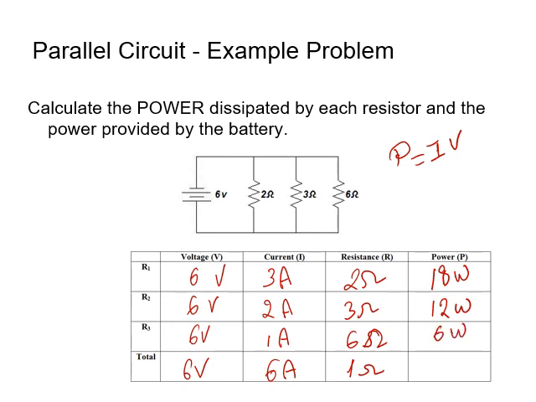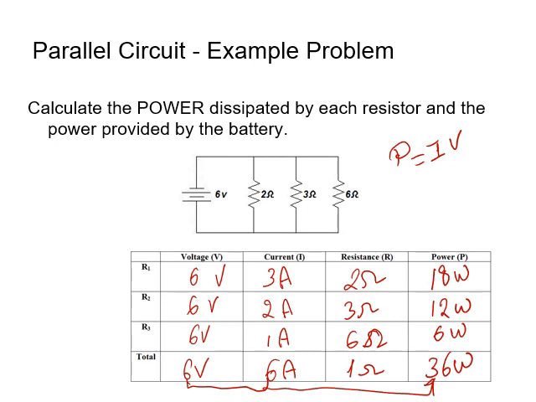If you add them up, 18 plus 12 plus 6, you get 36, which is the same thing if you multiply 6 times 6, you also get 36.